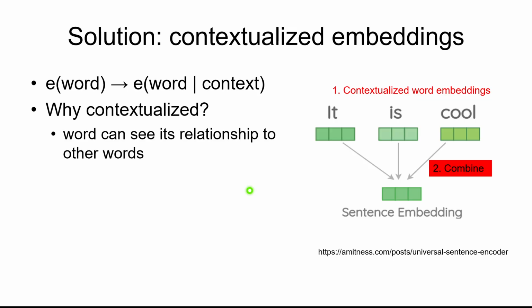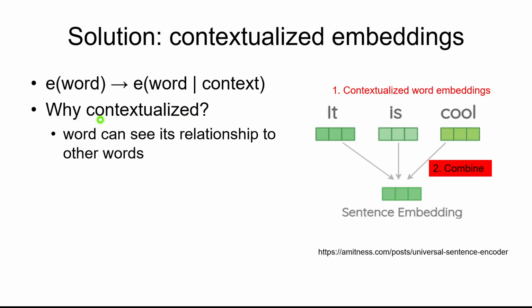Okay, so the solution for that is instead of using the simple word embedding, we want to take the context into account to get the contextualized embeddings. Which means in this case, instead of using the embedding of a word, we want to use the embedding for the word given the context.